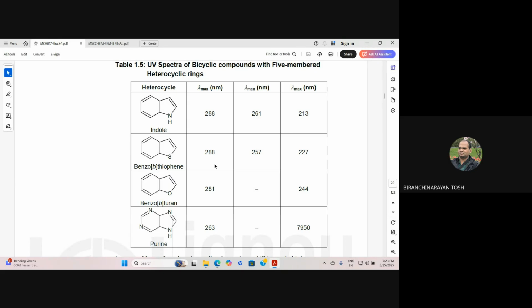As compared to thiophene, which is observed at 235, the 235 is shifted to 288.